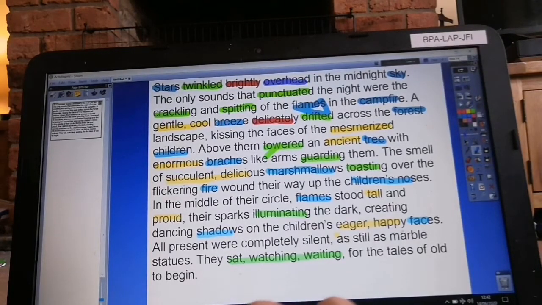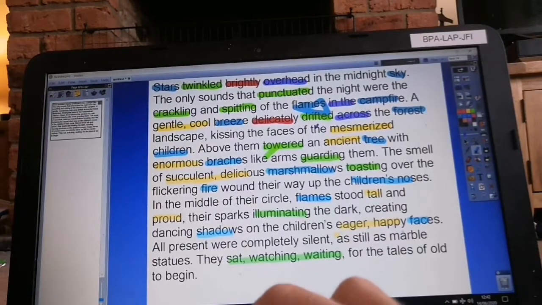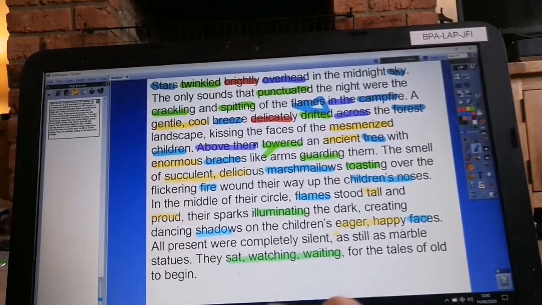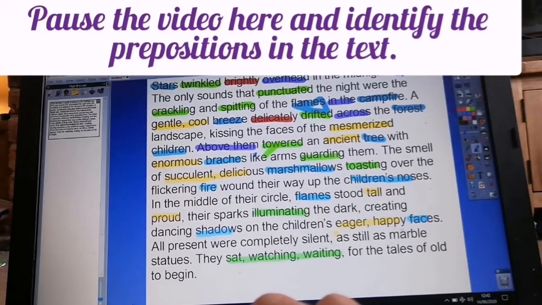The flames in the campfire. It drifted across, that's where it was, the forest. And above them towered an ancient tree. So we know where that tree is in relation to the children.